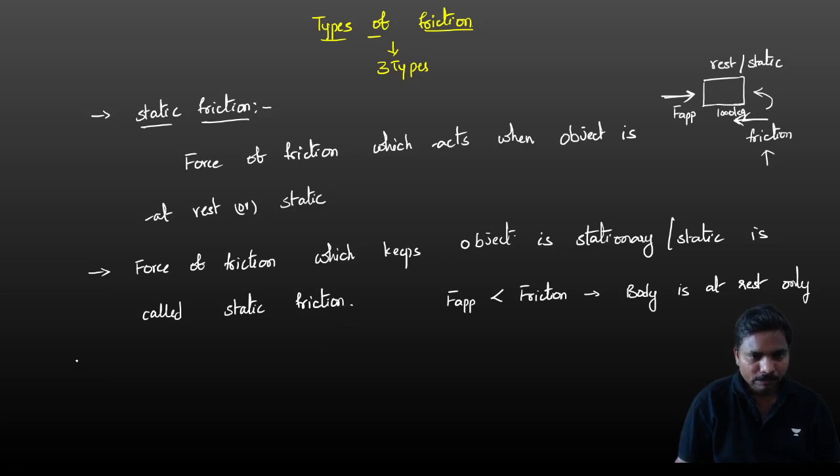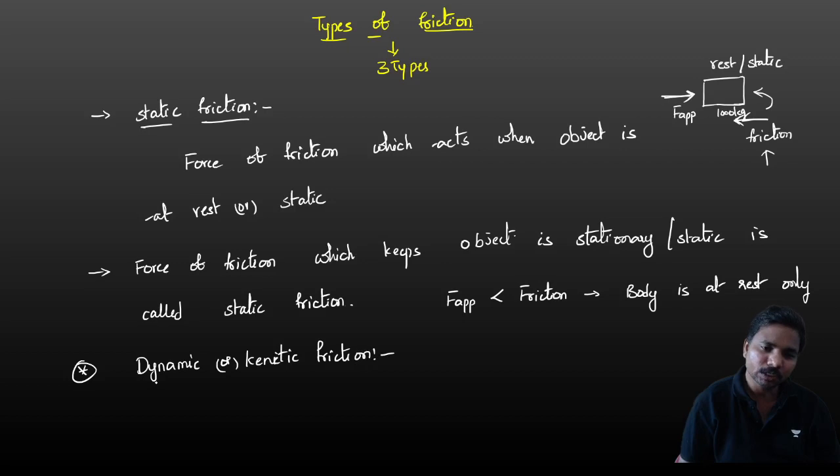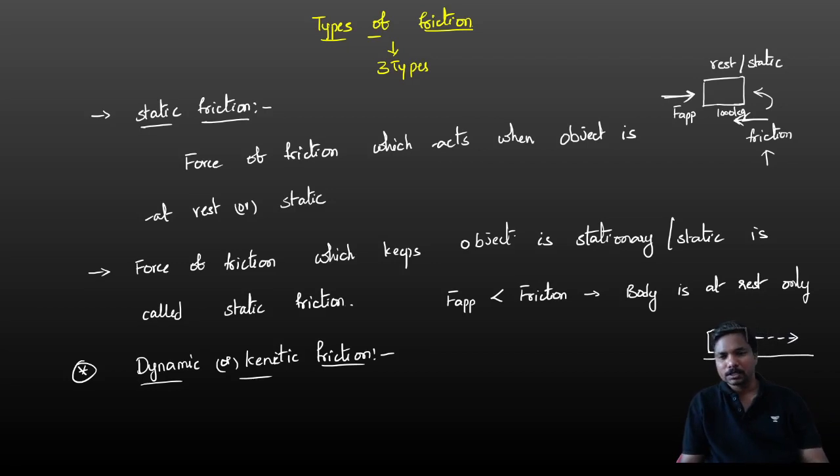And coming to the second one, dynamic friction, also called kinetic friction. This is the friction whenever the body starts moving. If the object or body starts moving, then again some force of friction acts on it.